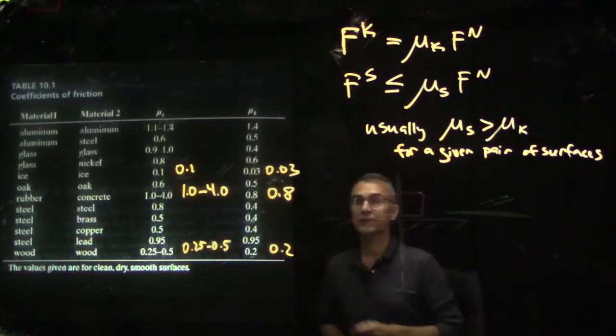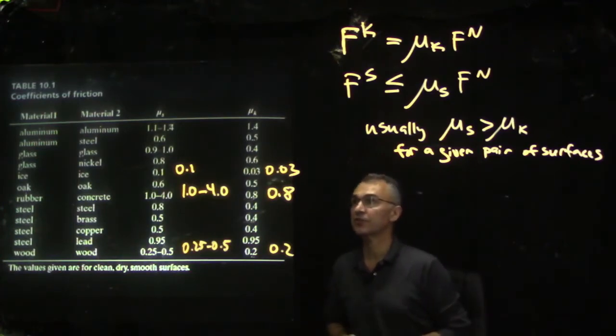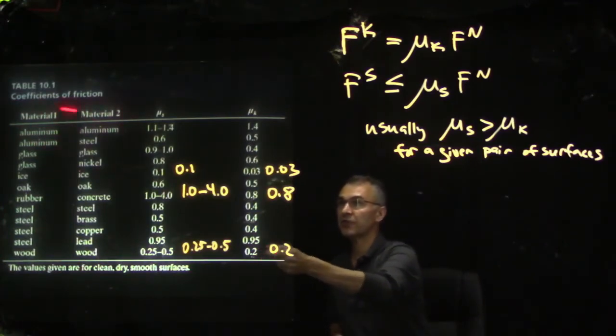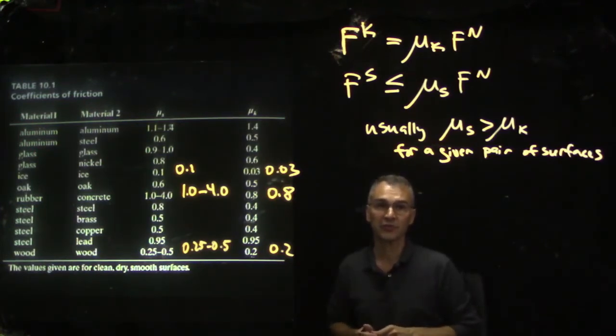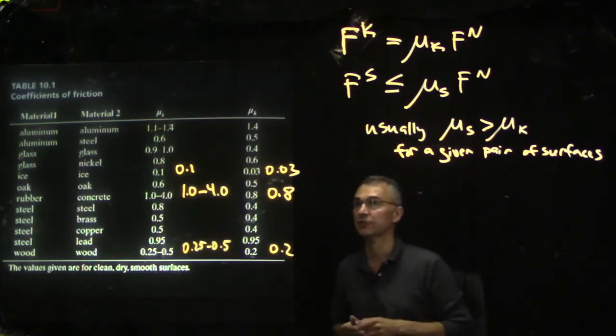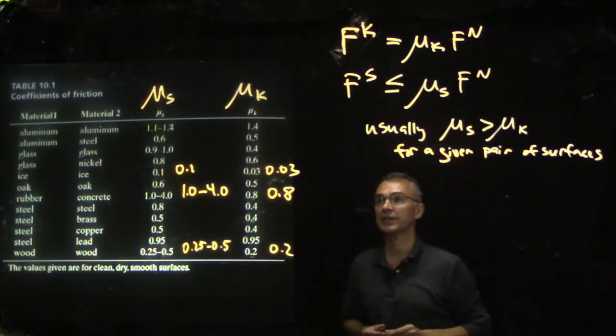mu static. Here's a table from our textbook listing a variety of coefficients of friction. So it always takes two materials. It's basically two different surfaces rubbing against each other to determine the friction coefficient. And we have mu static in the left column and mu kinetic in the right column.